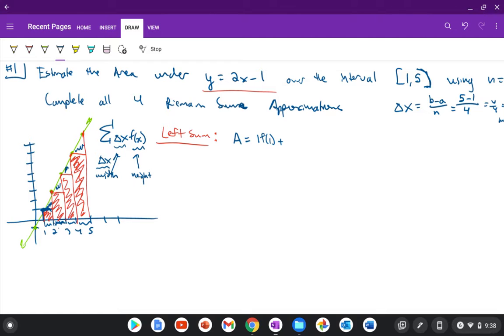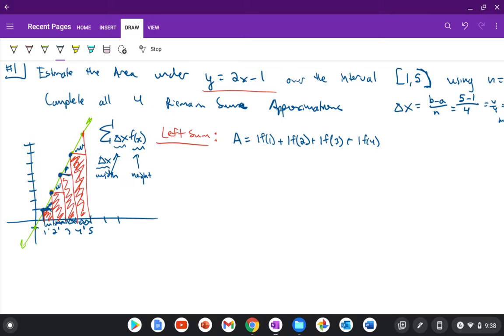Our second one, our width is 1 again, times our second height, which is up here, that's f of 2. Plus our third rectangle, a width of 1 times our height, this is at 3, f of 3. Plus our fourth one, we've got a width of 1, and our height is the value at 4. So plus 1 times f of 4.